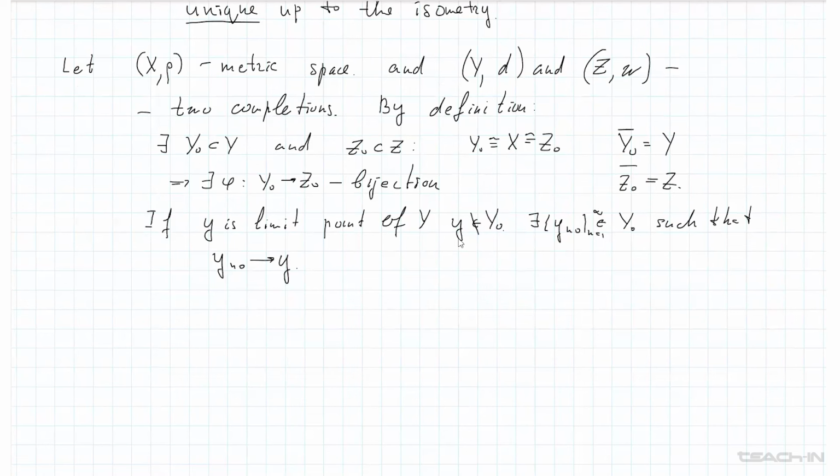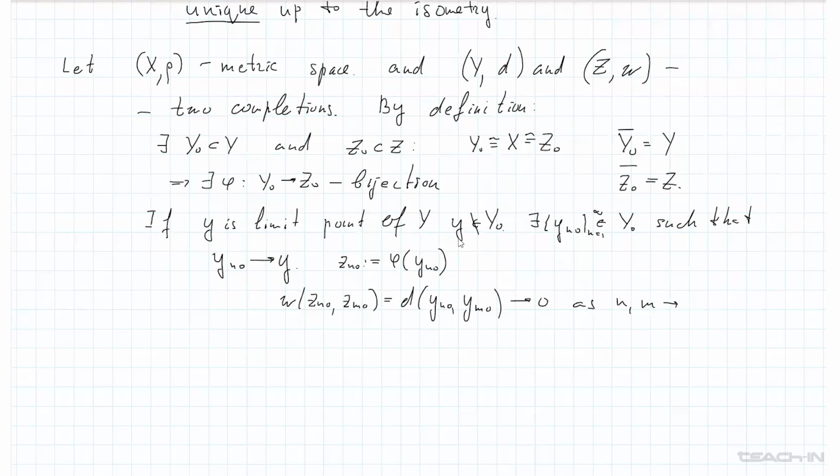So we define z_n as the image of phi on y_n. Because it is an isometry, the metric is the same, and this tends to 0 as n and m tend to infinity.